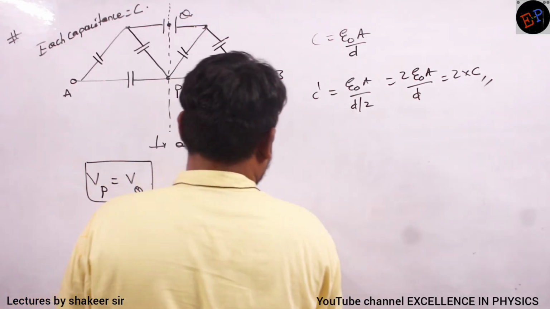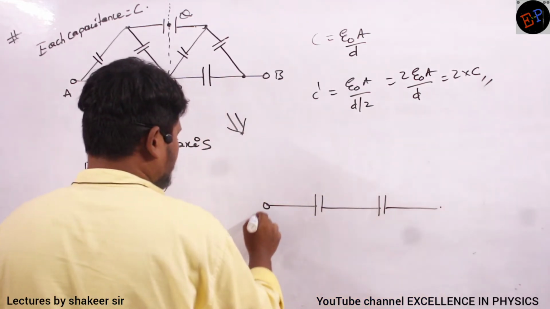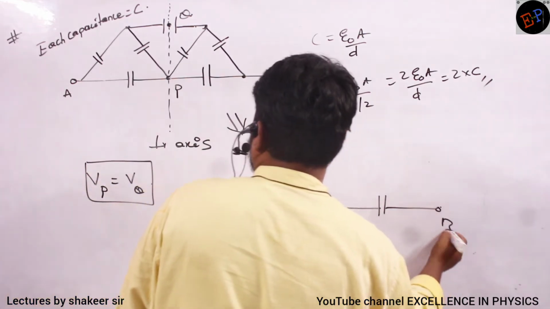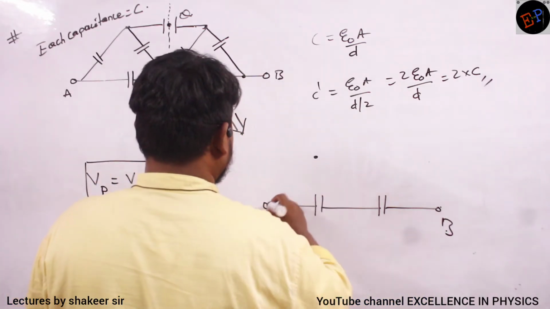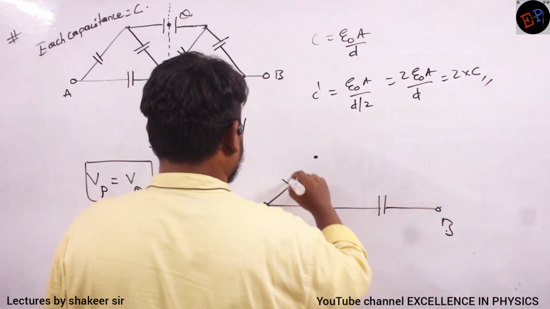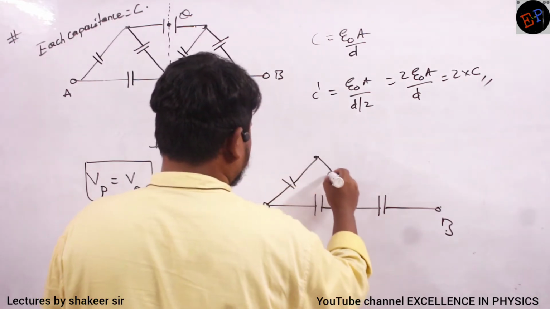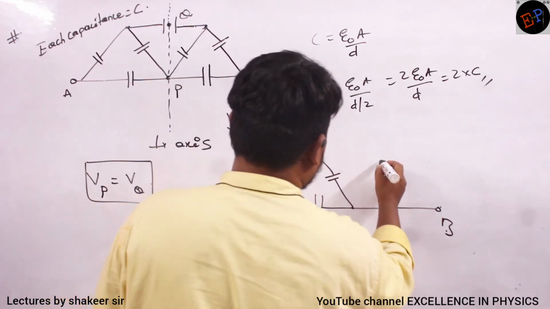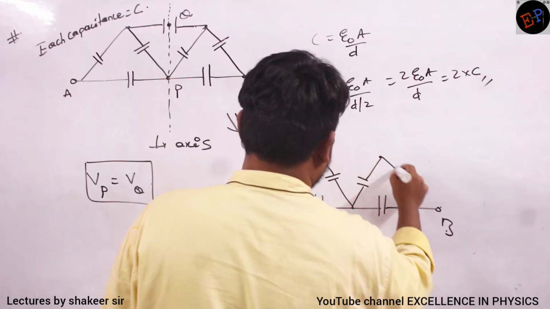Okay? So therefore, this circuit, how I can redraw is, I can redraw like this. So these are the two capacitors which are connected to A and B. And this is one capacitor. This is another capacitor. Similarly, here there is one more capacitor.